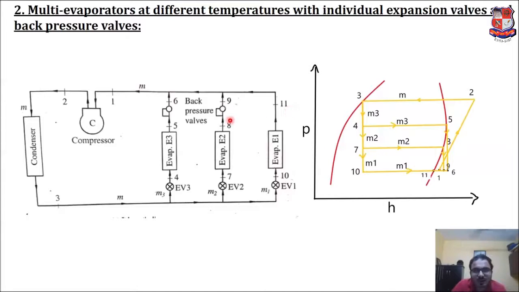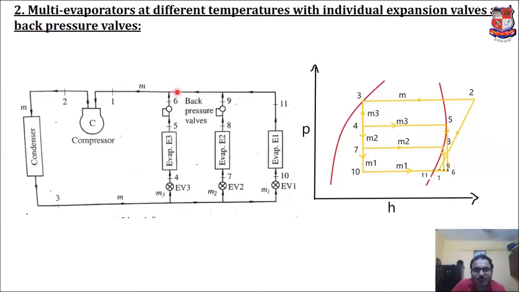So here the important part is, now I will explain to you about the role of the back pressure valve here, in which this compressor's suction pressure is equal to the evaporator pressure of E1. So this compressor inlet condition is equal to the evaporator pressure E1.